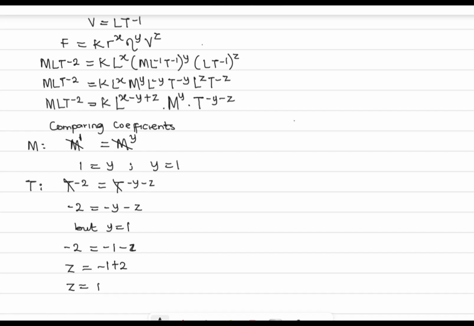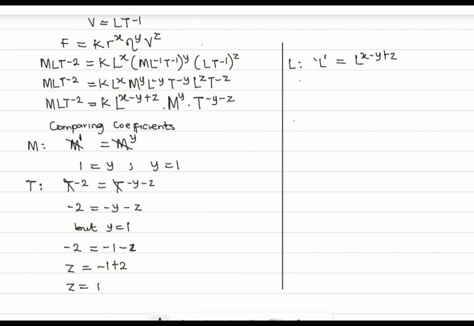The next one, let me divide my screen now. So next one, let's compare L. Comparing L, we would have on the left hand side the power of L is 1, while on the right hand side the power of L is x minus y plus z.